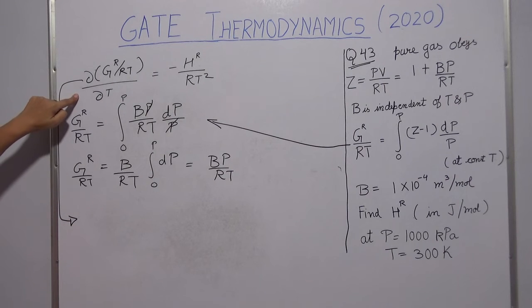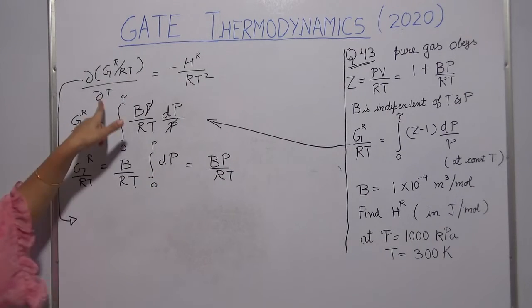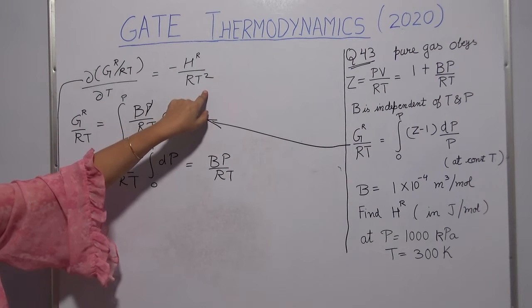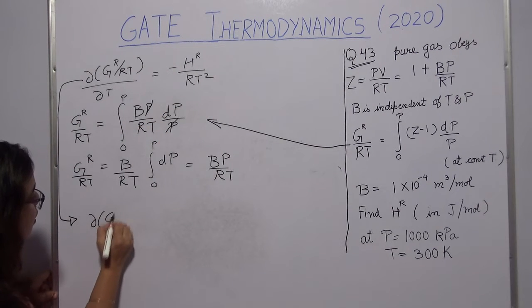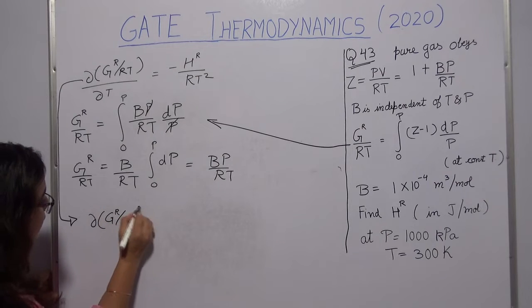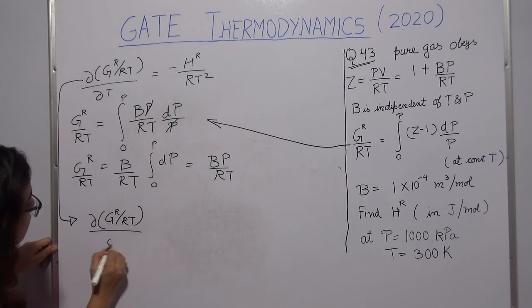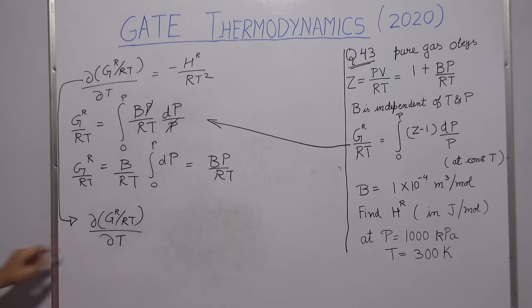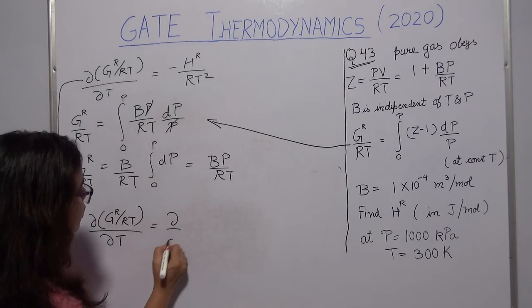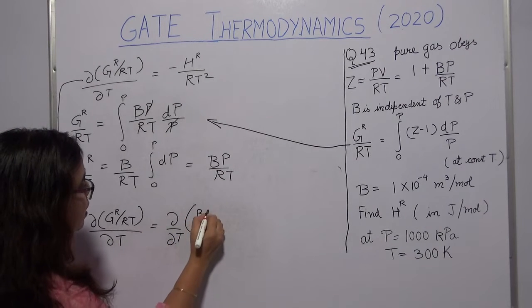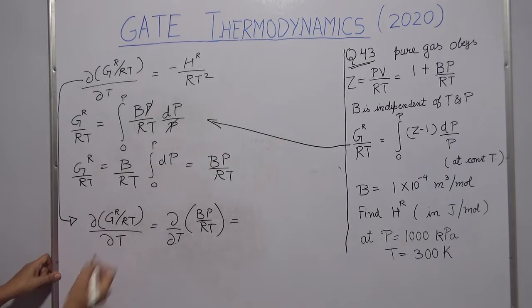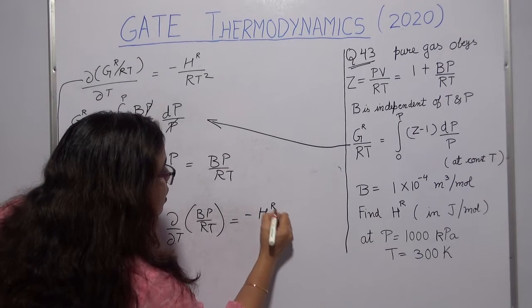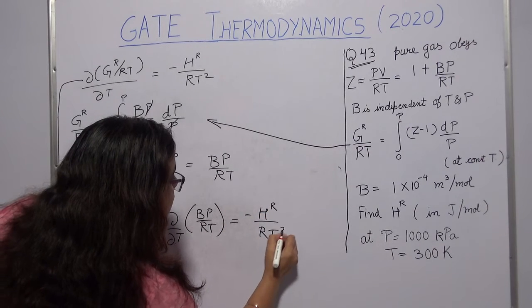Okay, so now let's take a differential of this with respect to T and then equate it to minus HR by RT square. So let's do this: ∂(GR/RT)/∂T, that is equal to ∂/∂T of BP by RT, and that should be equal to minus HR upon RT square.